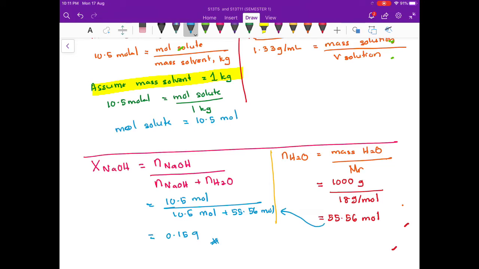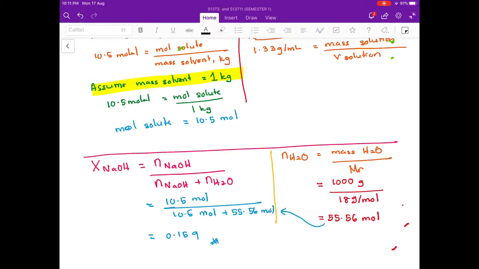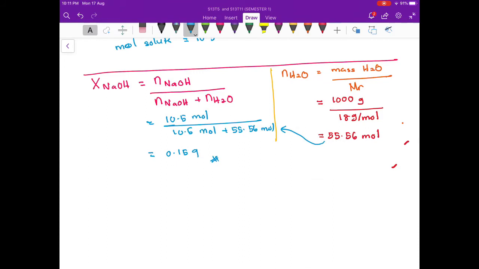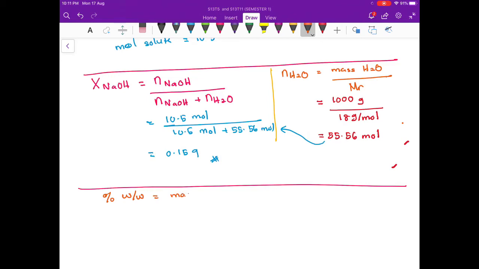What about the percentage by mass? What is the formula for percentage by mass? Percentage weight over weight is equal to mass of solute, which is sodium hydroxide, over mass of solution times 100%.